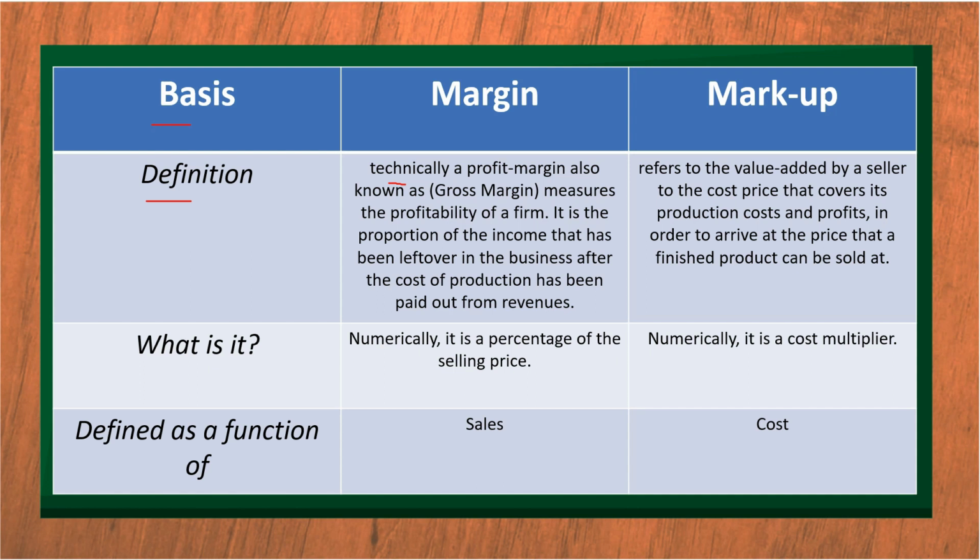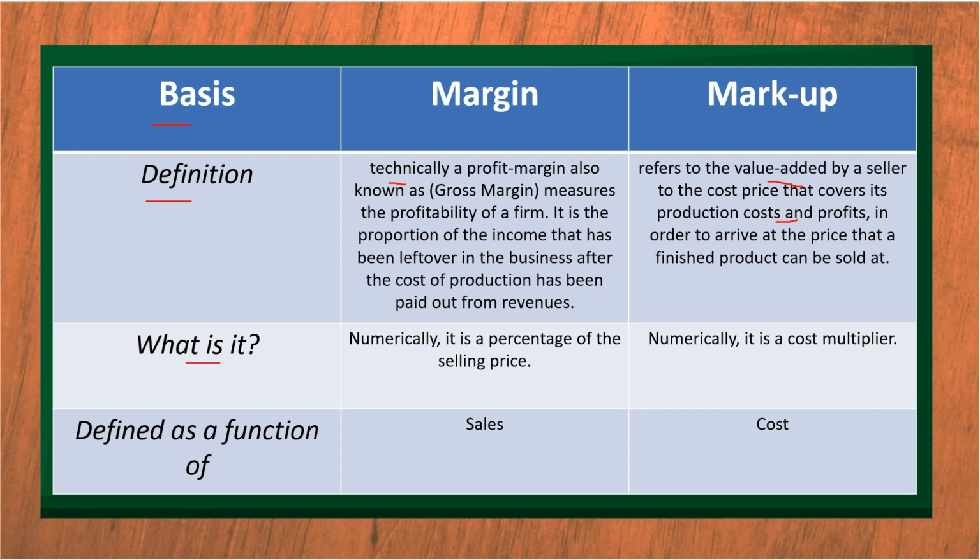It is the proportion of the income that has been left over in the business after the cost of production has been paid out from revenues. Markup refers to the value added by the seller to the cost price that covers its production cost and profits in order to arrive at the price that a finished product can be sold at.